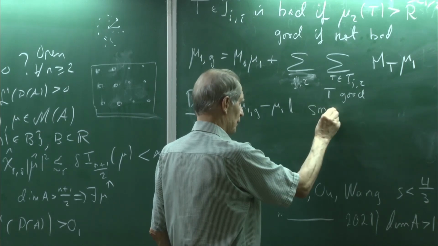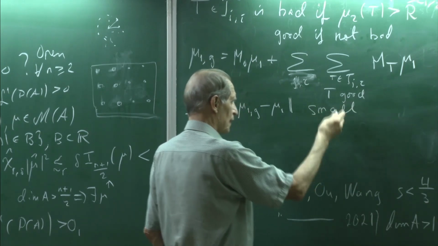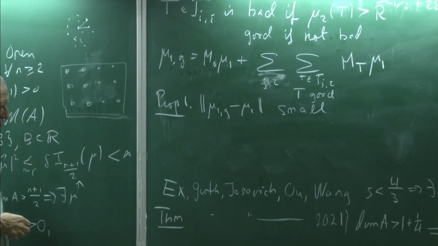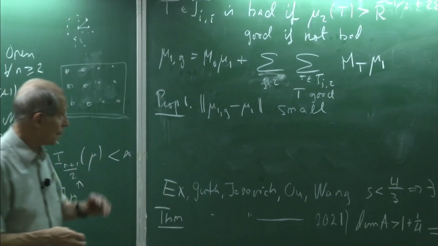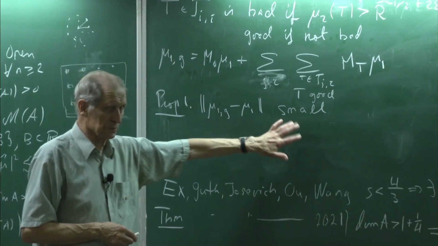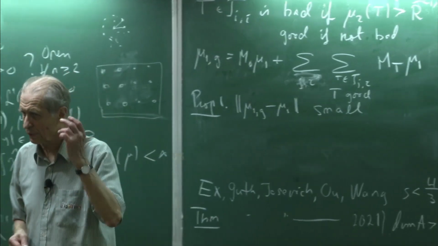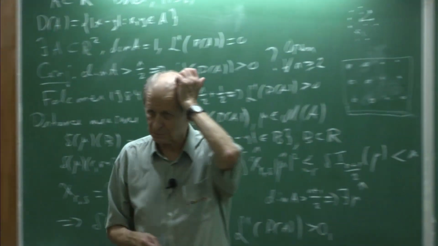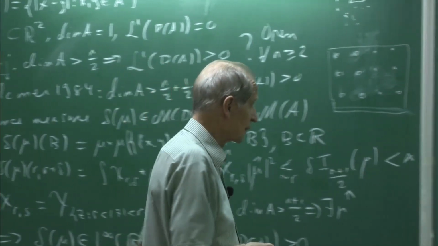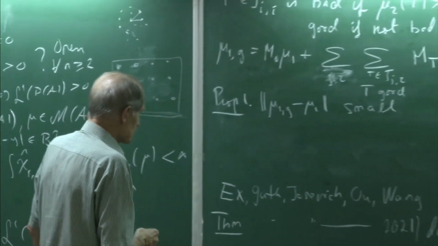Because I cannot really use this bound for anything, I simply say that it is small. Essentially you can make this small to be some absolute constant, 1 over 1000 or something like this. It doesn't depend on anything. So this is one thing.